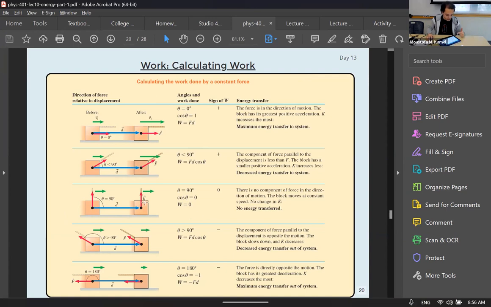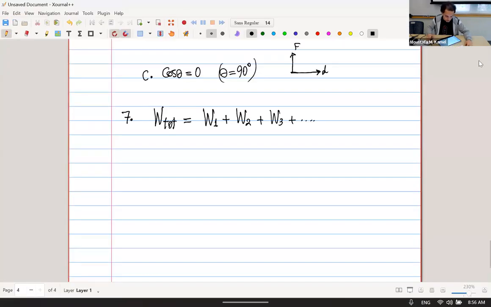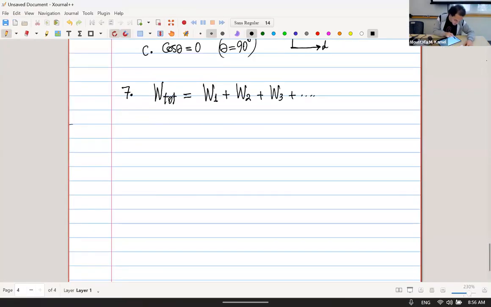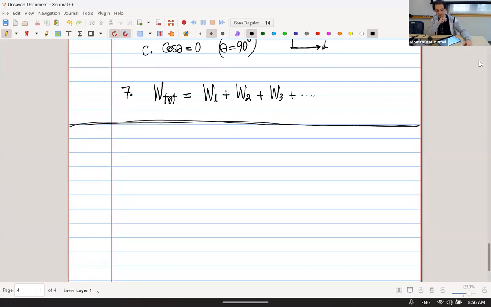Third case is perpendicular forces. Fourth case is force opposing the motion. And final case is just totally opposite directions, okay? With the sign of work in each one and energy transfer direction for each one, okay? That's it for work. Final thing is kinetic energy, and then I will give you the activity.